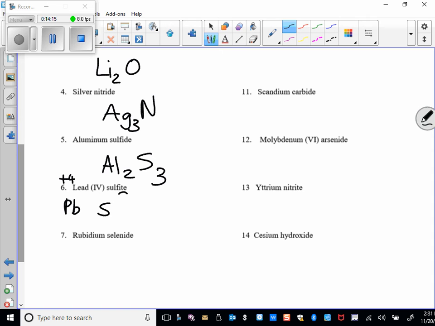So this is SO3 -2. So what can you multiply one of them by so that they cancel? That's a +4 and a -2. So you multiply this by a 2. So what will be the formula? Pb. Don't forget its parentheses. Pb(SO3)2. Are we good?